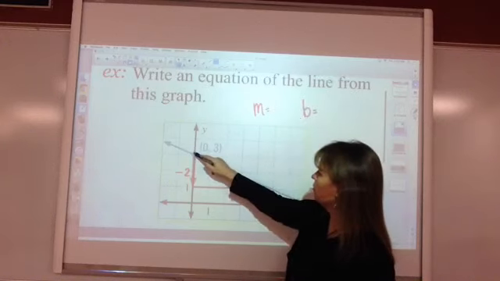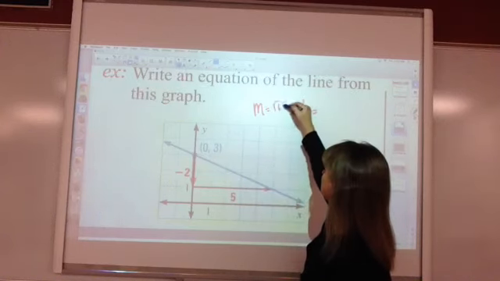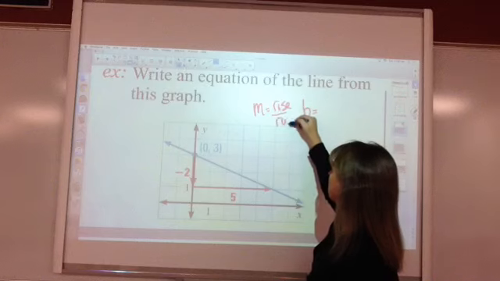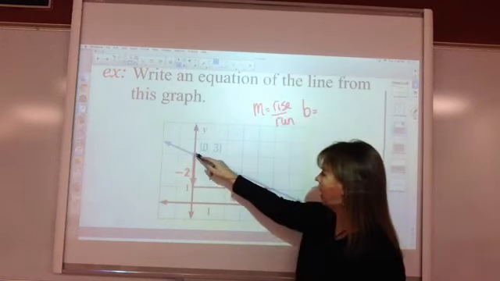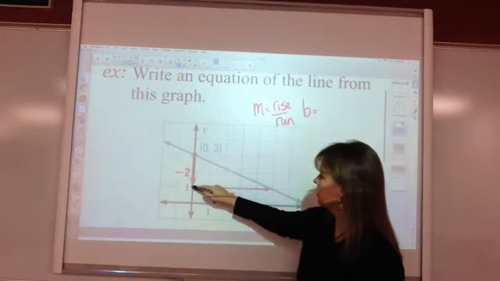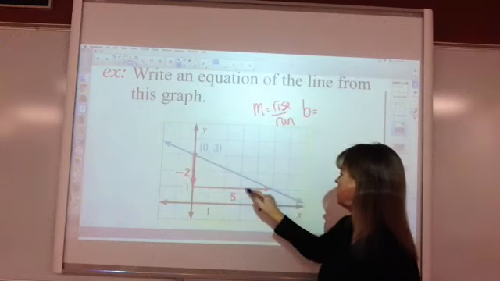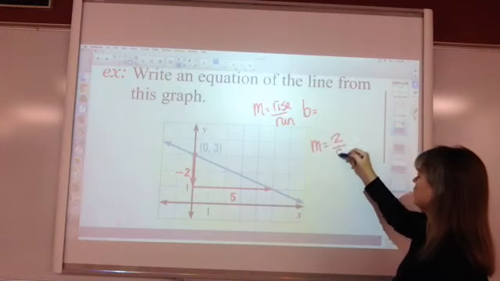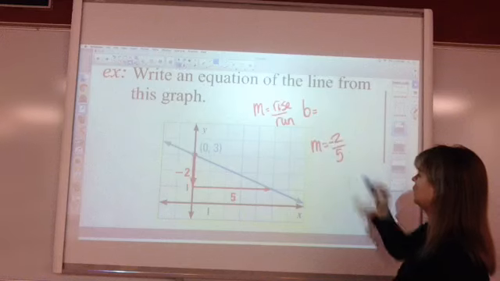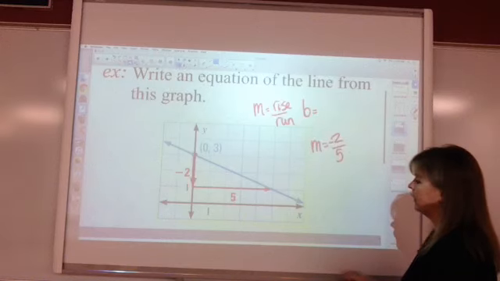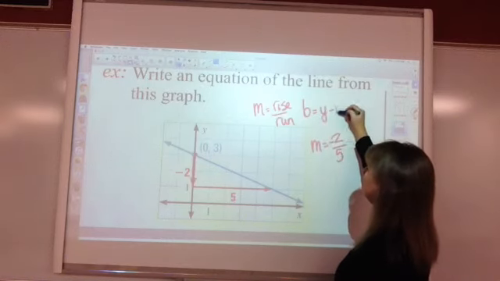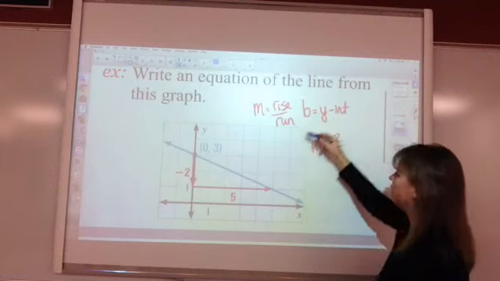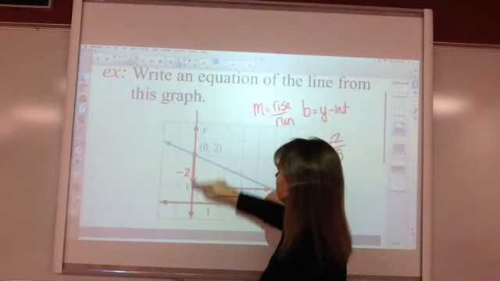M is your slope, rise over run. Rise, but we're going down to run 1, 2, 3, 4, 5. So your slope is down 2 over 5, -2/5. Your b is a y-intercept. Y-intercept is on the y-axis.